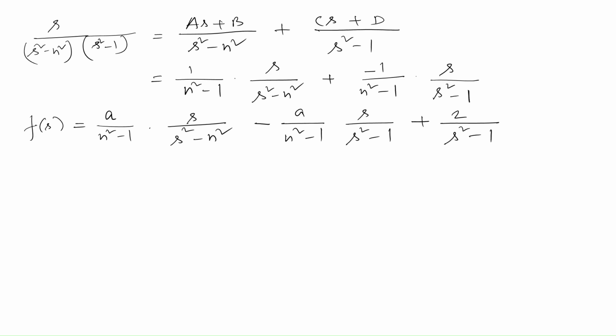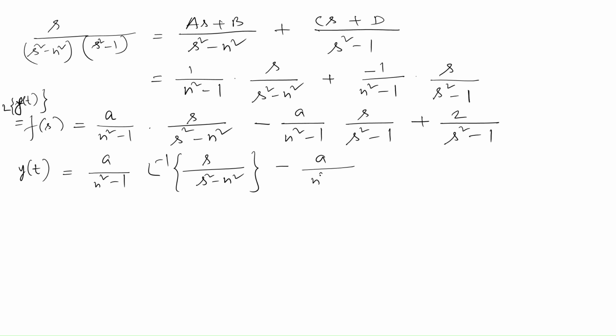So Fs is the Laplace transform of ft. So yt is a by n square minus 1 inverse Laplace transform of s by s square minus n square, minus a by n square minus 1 inverse Laplace transform of s by s square minus 1, plus twice inverse Laplace transform of 1 by s square minus 1.